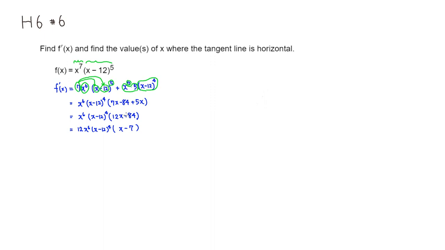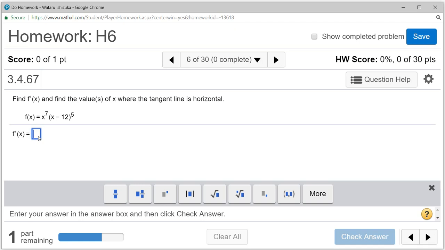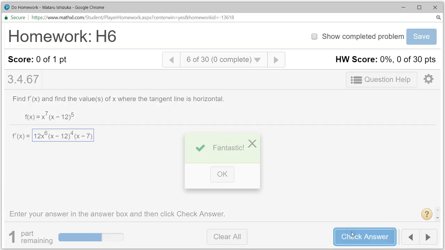That's the derivative. Let's type it in. What we got was 12 x to the 6th power times quantity x minus 12 to the 4th power, and then you have an x minus 7. Let's check the answer. We got that.